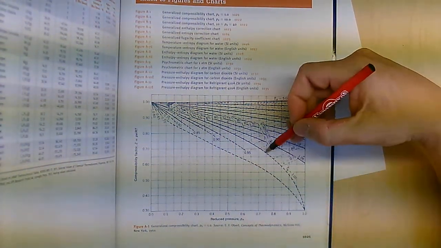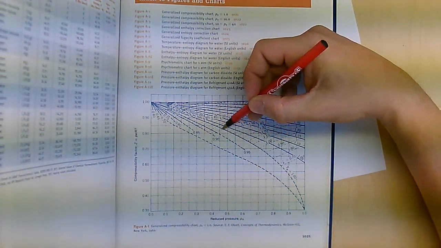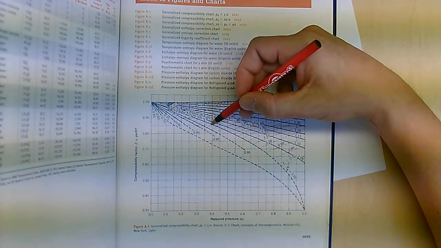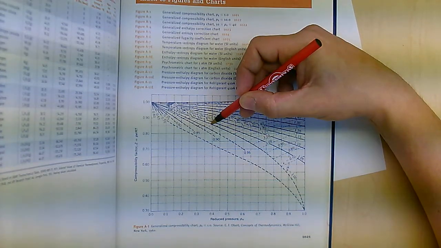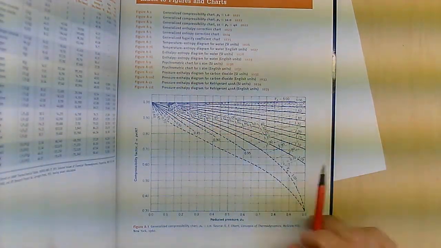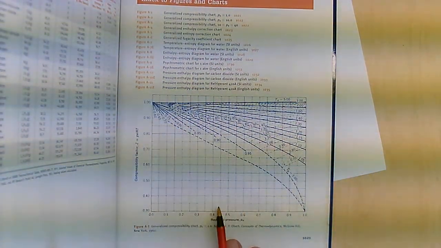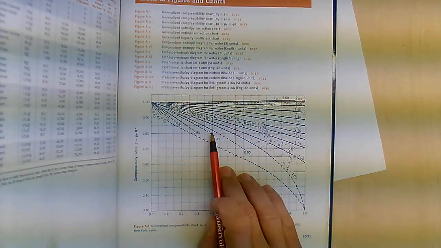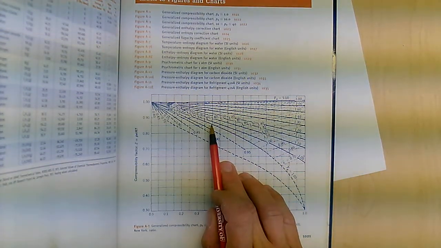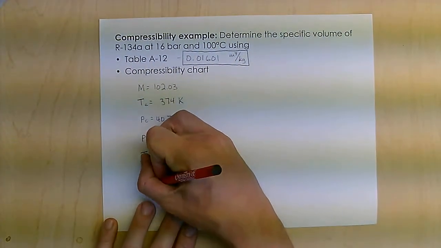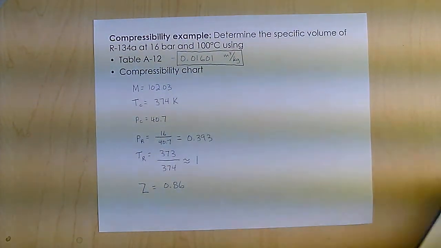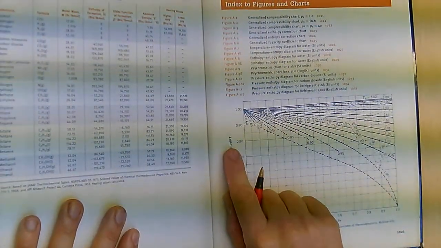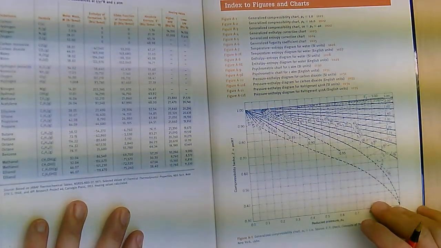So I'm going to follow this temperature line back until I hit just below 0.4, which is right about here. As I slide over, that's pretty much 0.86. So you bring this up to T equals 1, slide over, and I'm about Z of 0.86.